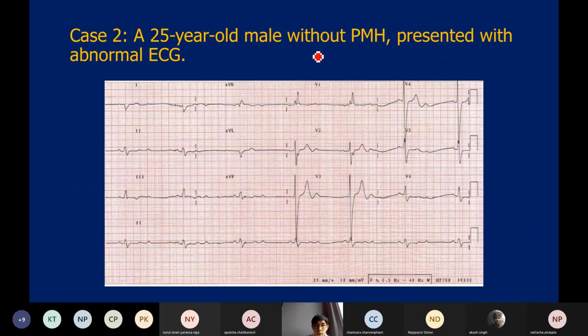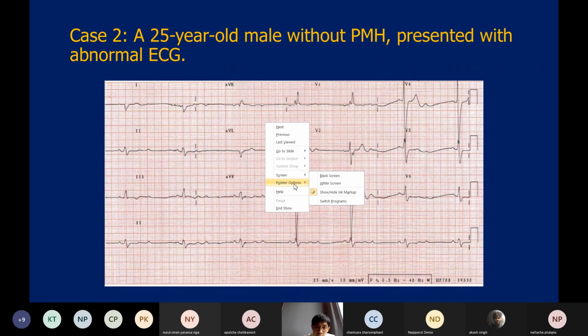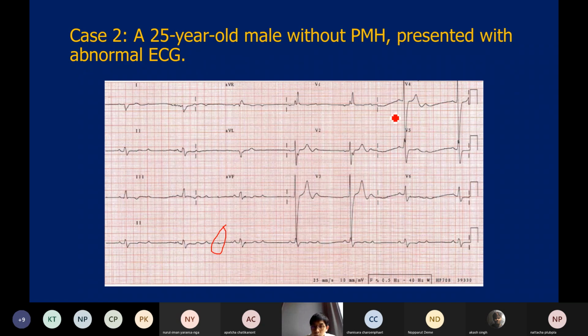In this patient, we see that there is a drop of QRS here. We confirm it's an AV block, and we see this one on lead V1.